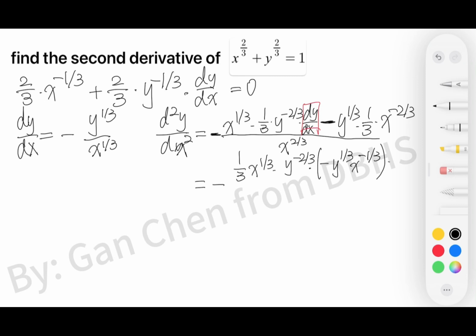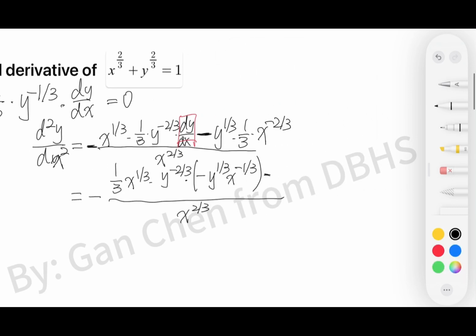Also, just copy the rest. So it should then be a third times x to the negative 2/3 y to the a third power.